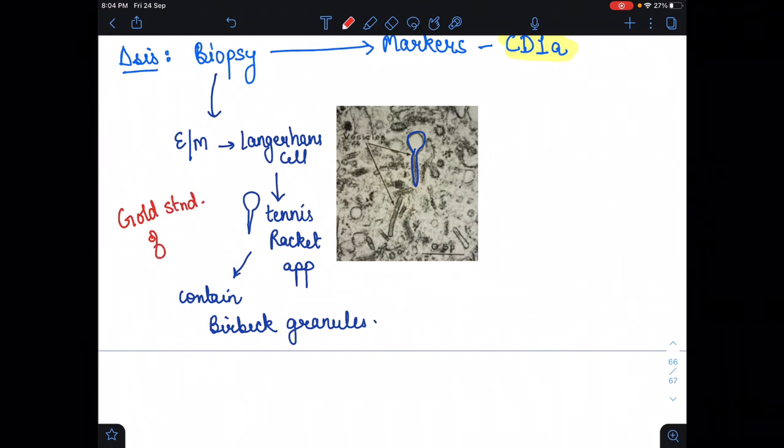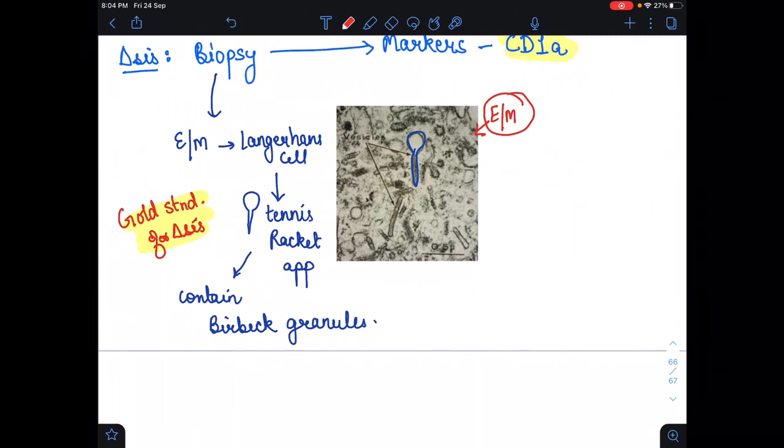So the gold standard for diagnosis of LCH is the Birbeck granule, that is the tennis racket appearance. This is an electron microscopy image because it is black and white. It is an electron microscopic image of the Langerhans cell, because we see a tennis racket appearance. Please remember it, it is very important.